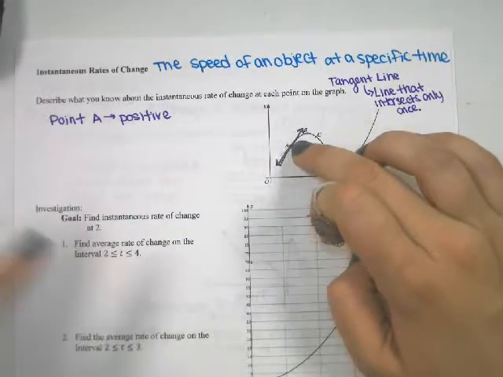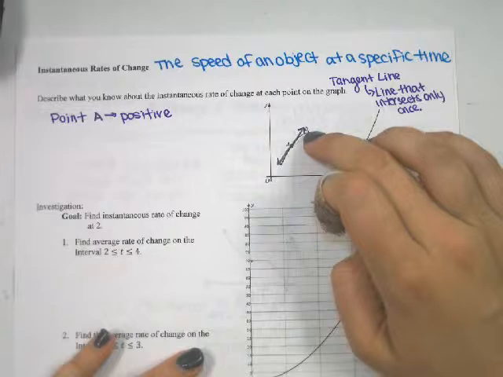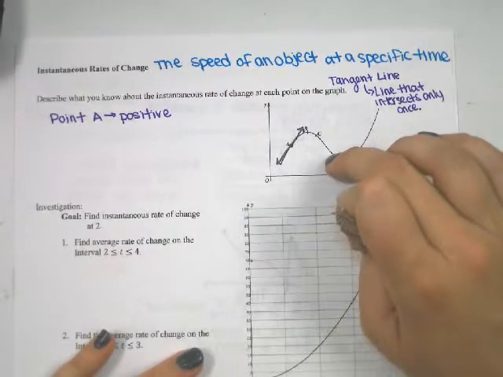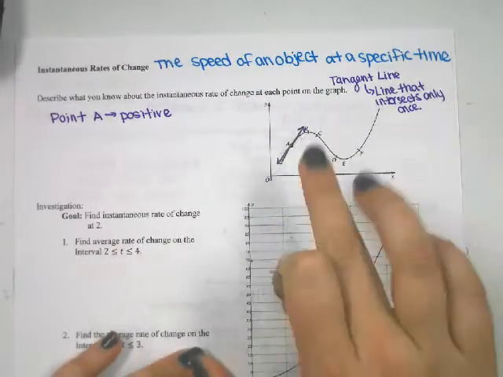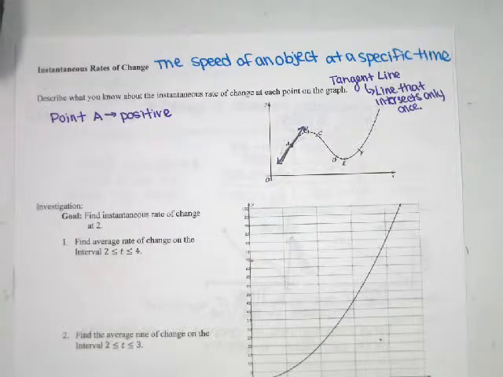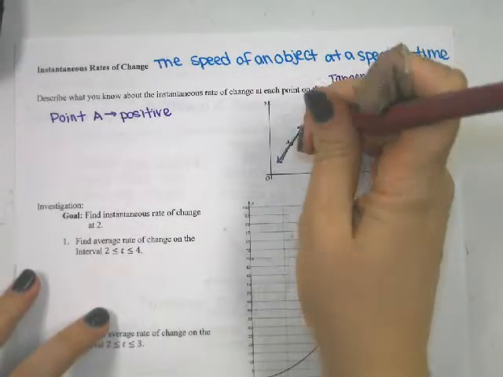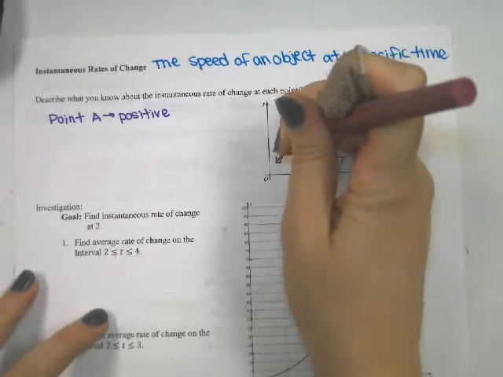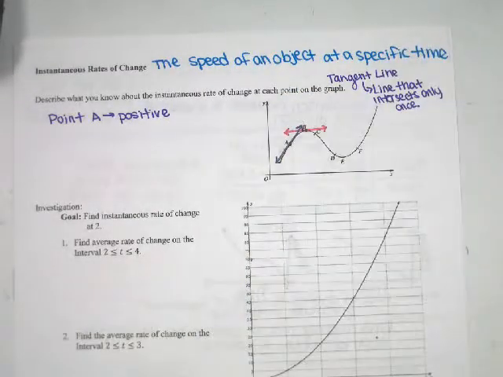Then it gets to B, and this is where the ball turns around and comes back down. Right at point B, where it's at the very, very top, this is like the point where the ball stalls out. So you threw a ball up in the air, and it stalls out for a second, right before it turns around and comes back down. At point B, our tangent line is going to be perfectly horizontal.